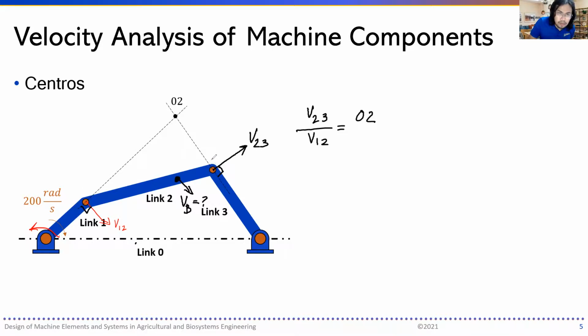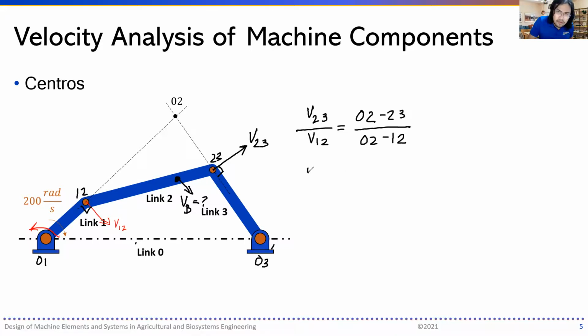So we have our 2, 3 here, we have our 1, 2 here, and our 0, 1 over here, and our 0, 3 over here. So our 0, 2 minus 2, 3, over 0, 2 minus 1, 2. That would indicate the length of the distance of that. So it's proportional to the distance, the same way we did our proportionate solution a while ago with the IAOV.